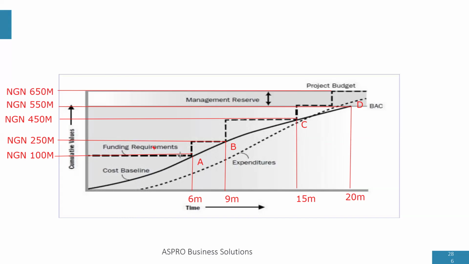Project funding requirement is the money you need to move from one phase to the other. From the beginning of the project to the completion of phase A, we need 100 million. To move from phase A to B is moving from 100 million to 250 million. That means the project funding requirement to move from phase A to B is 150 million.